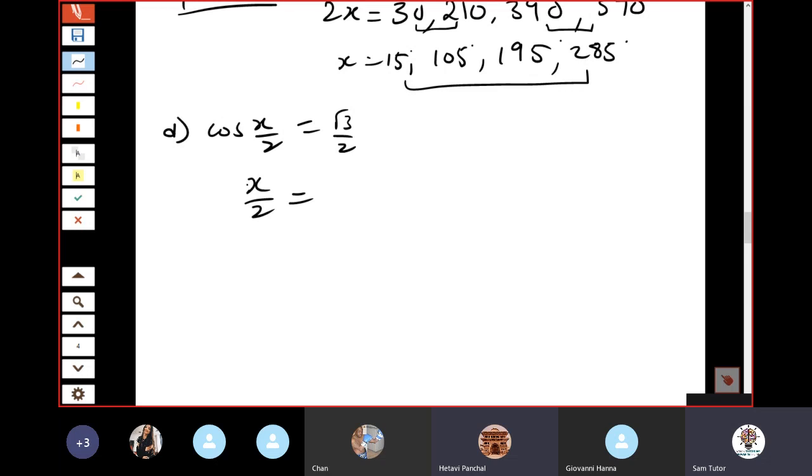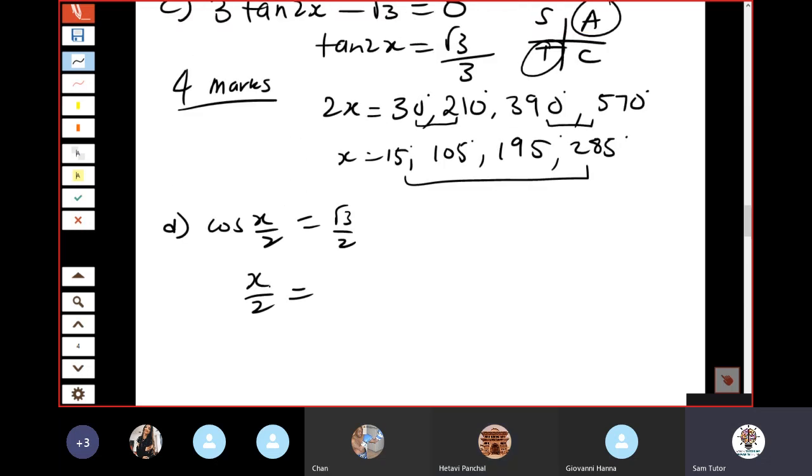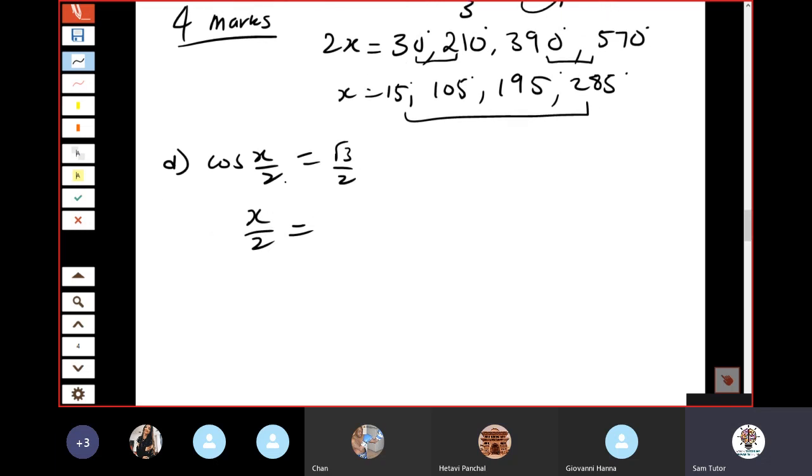Wait, don't change. Don't worry about the x on 2. I'm trying to show you guys the angle doesn't matter anymore. Once you've understood the methods of how everything can work, you just continue. Go. Inverse cos. That would be 30.